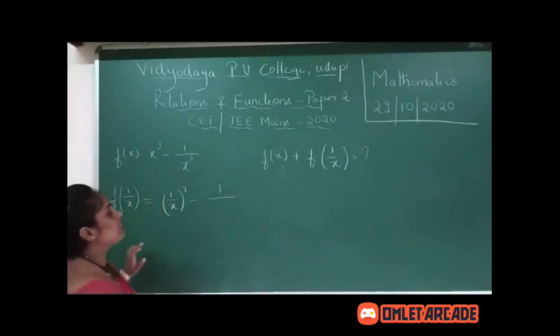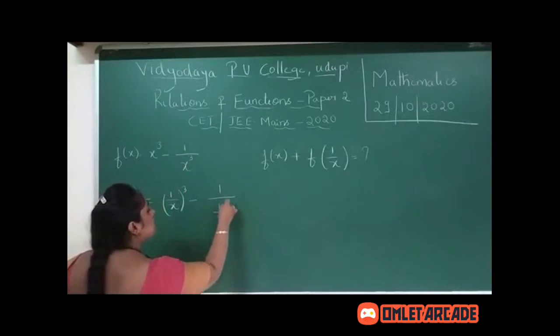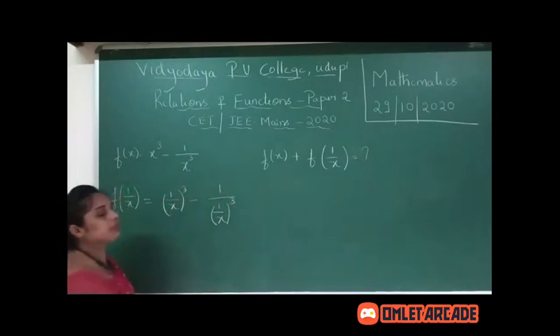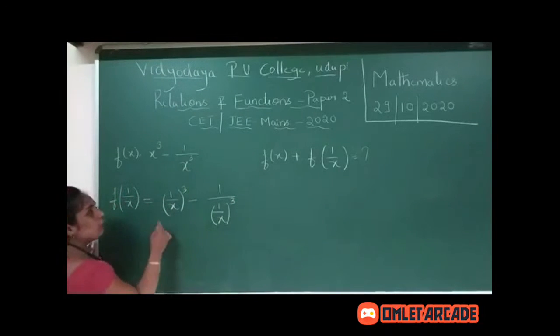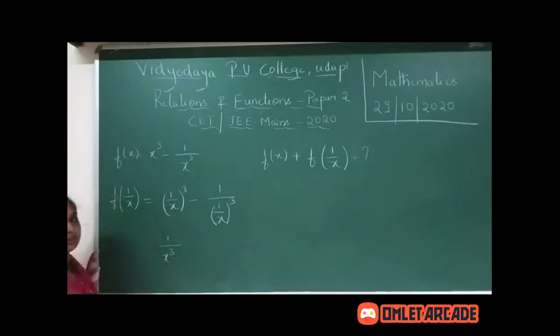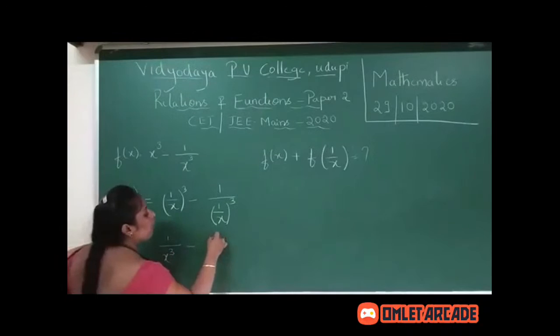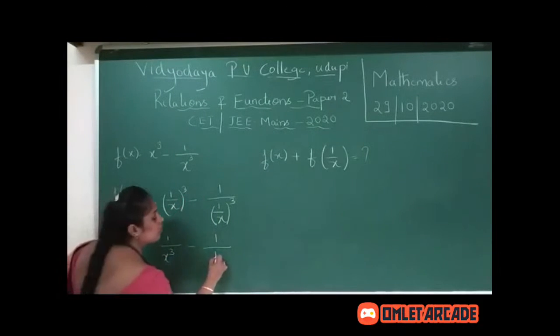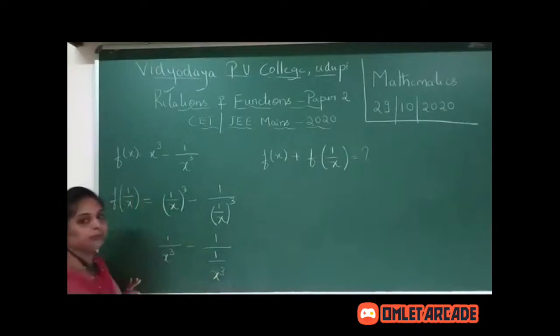So in the place of x I am writing 1 by x and I have the cube of that. Okay. Next you see. 1 cube is 1 only. 1 divided by x cube, minus 1 divided by 1 by x cube.